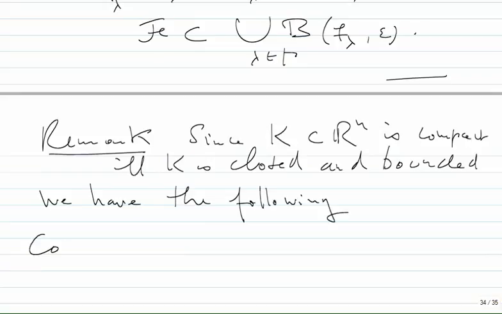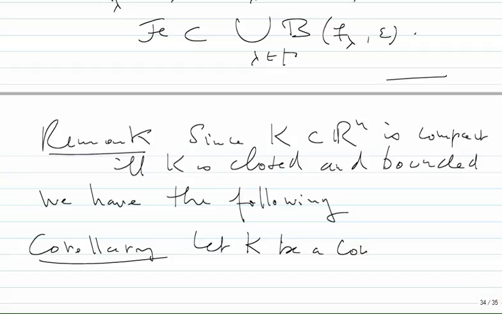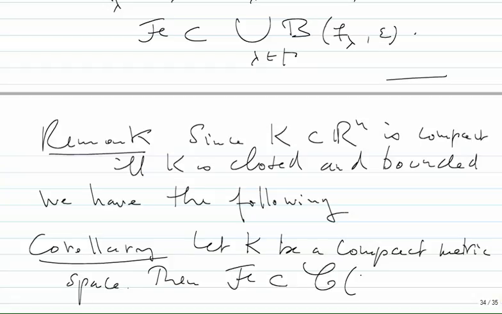Corollary, as a direct result of the theorem we just said. Let K be a compact metric space, and then F subset of C(K, R^n).